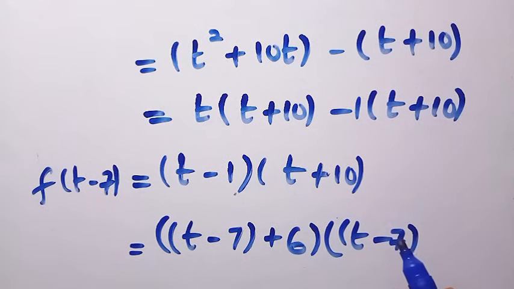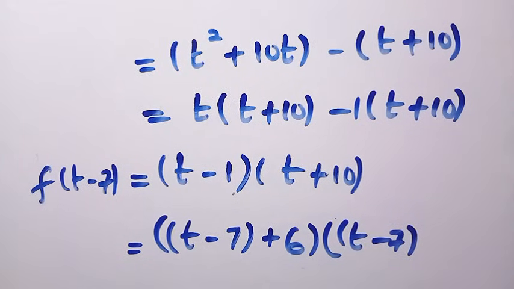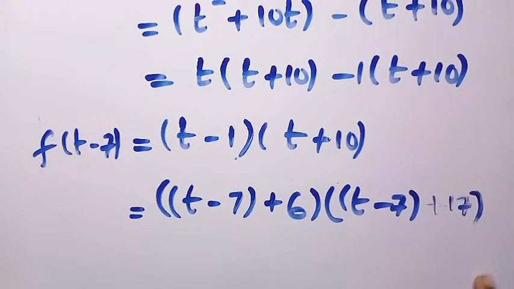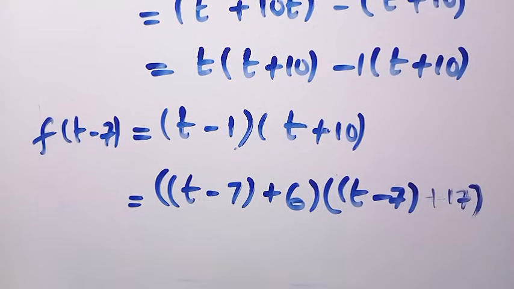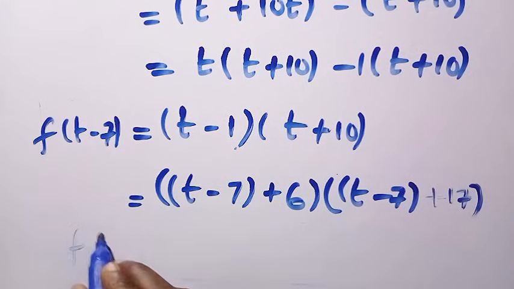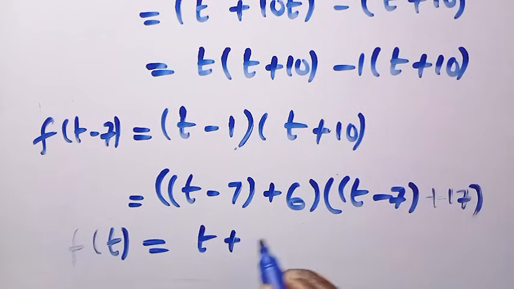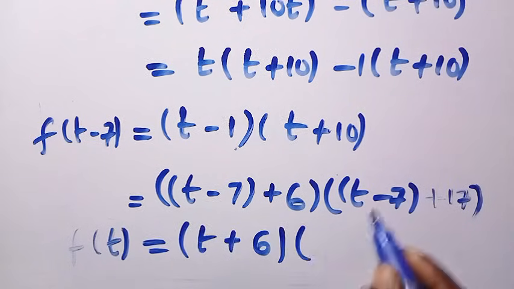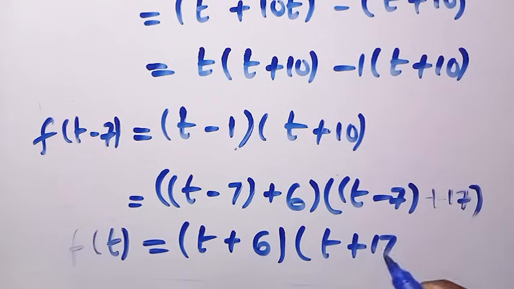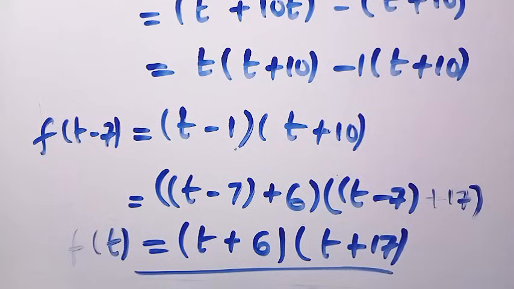So we have to add plus 17 to this. Therefore, after a successful addition of this, we have to replace every t minus 7 with t. So by replacing that, we have f of t equals, here change to t, then plus 6. And also this changes to t plus 17. So these are the two factors that we have.